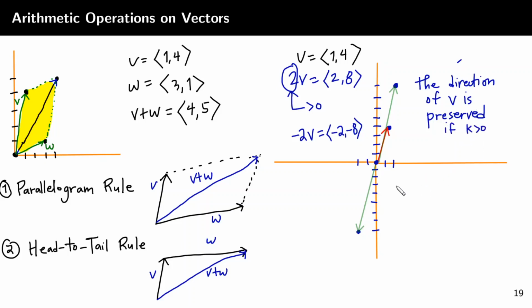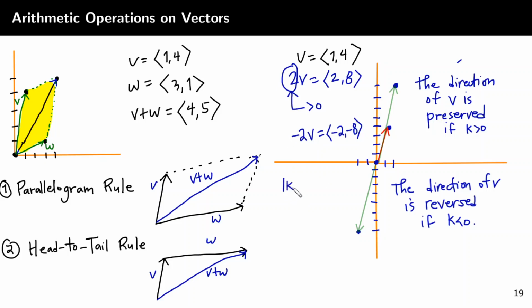And then, the direction of V is reversed if K is negative. So, na-stretch yung vector natin kapag yung K natin, yung absolute value niya ay greater than 1.